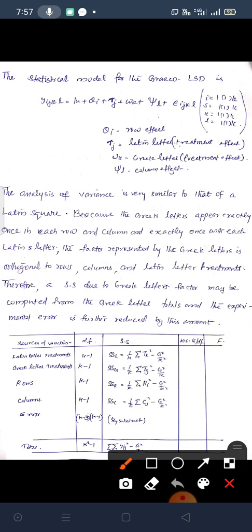Add all these effects; they are fixed effects: the general one, then row, then column, then treatment effects represented by Latin letters, and treatment effects represented by Greek letters, and finally an error term. This is random, and all others are fixed. So we are discussing a fixed model.